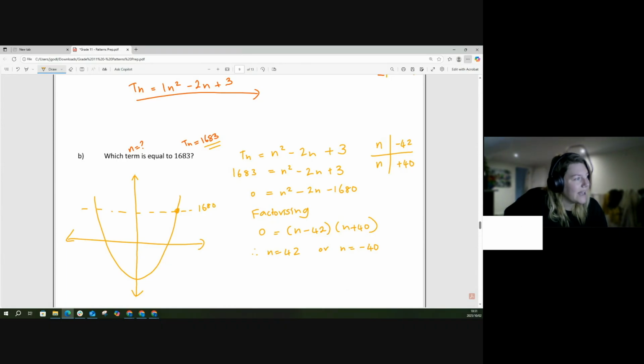It is going to happen at two different points because it is a quadratic. But because they're asking us which term, we can't have negative terms. So we can't have a negative number for a term. So that means we can't include this one. So we're going to say, well, n can't equal negative 40. Therefore, it's going to be term 42.